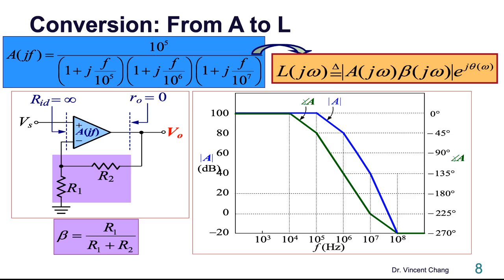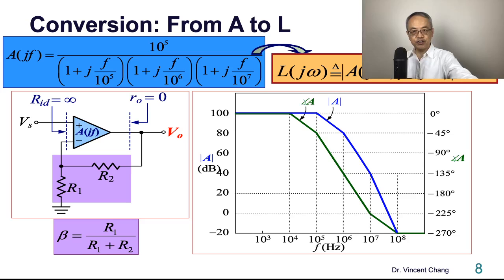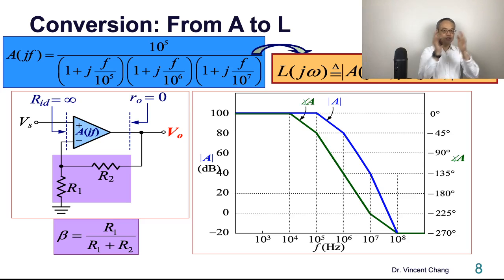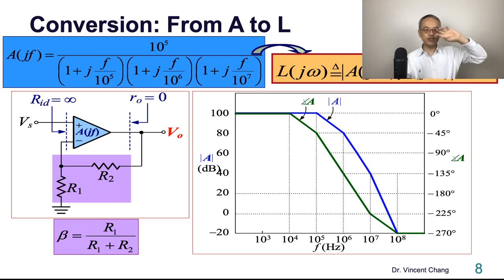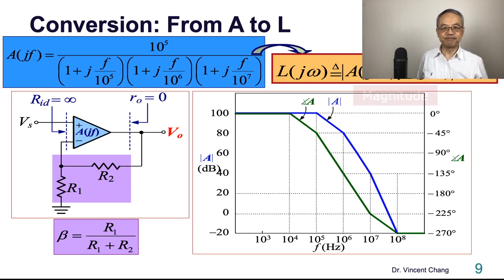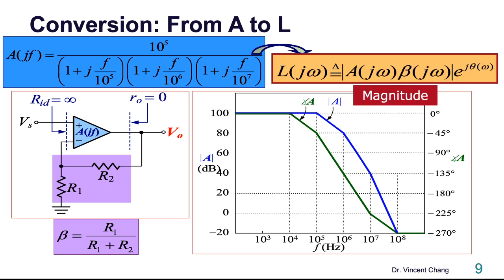I'm going to teach you a conversion from A to L, from open loop gain A to loop gain L. From blue to orange, from A to L. Focus on the magnitude part and the phase part.